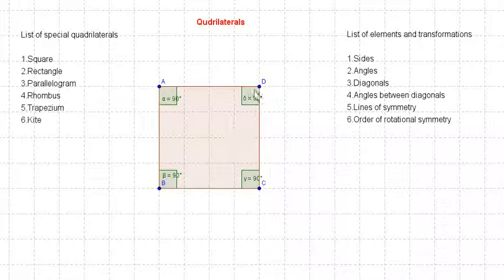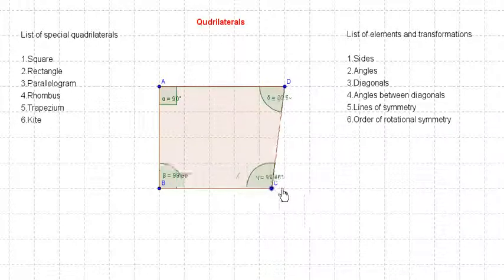A rectangle has all 4 angles equal, and this one property determines a quadrilateral to be a rectangle. Now, how many lines of symmetry does a rectangle have?